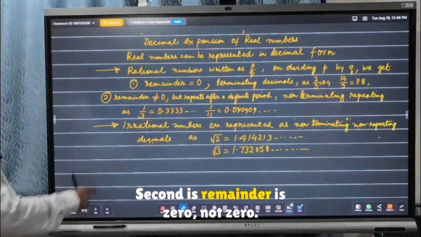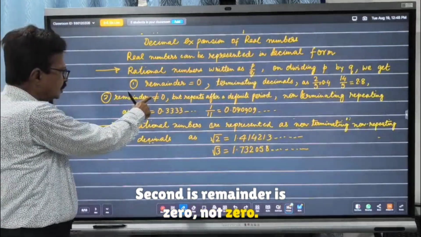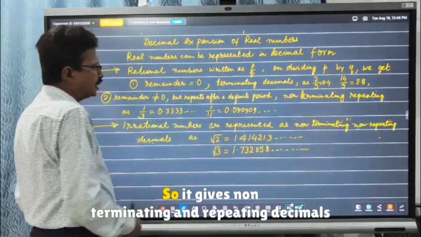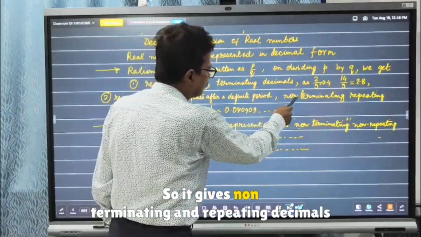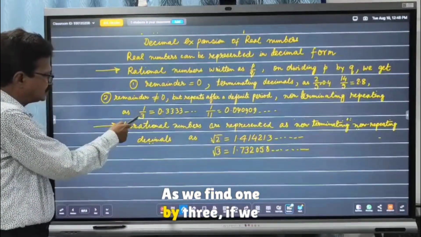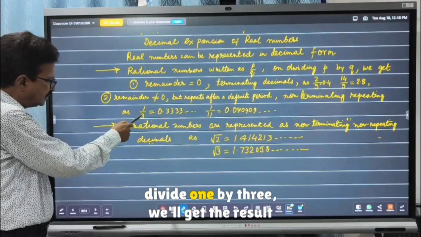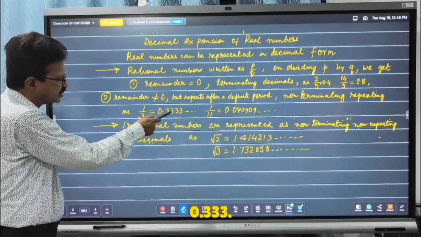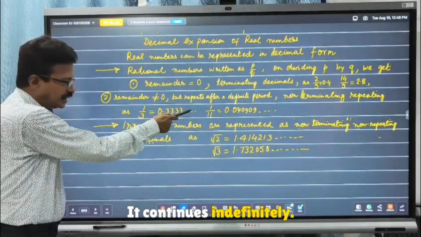Second is, the remainder is not 0. Rather, it repeats after a definite period. So, it gives non-terminating and repeating decimals, as we find with 1 by 3. If we divide 1 by 3, we get 0.333, and it continues indefinitely.